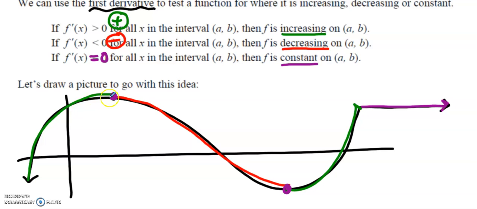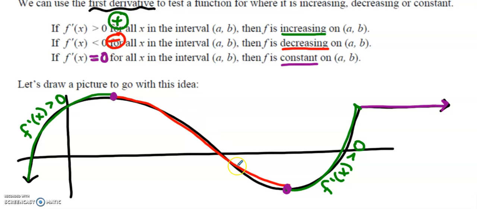So this part in green and this part in green, if we're talking about our derivative, our original function was increasing, which means that our derivative is greater than 0 or positive, because derivative represents slope.